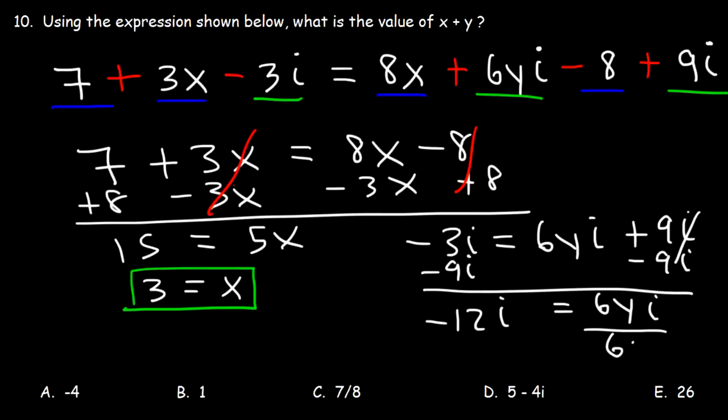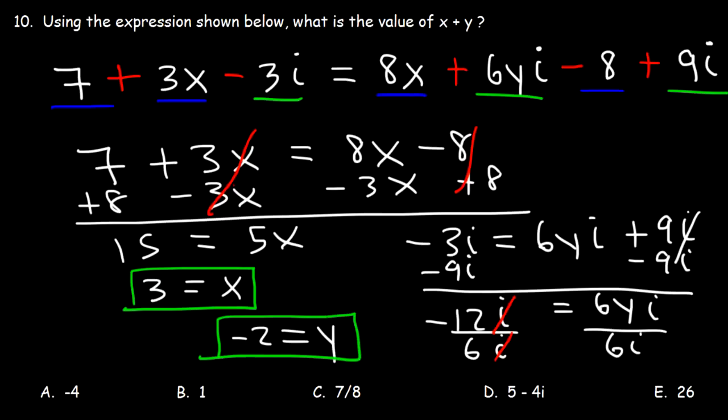Next, let's divide both sides by 6i. i divided by i is 1. Negative 12 divided by 6 is negative 2. So y is equal to negative 2. So now we can find the value of x plus y. x is 3, y is negative 2. 3 plus negative 2 is 1. So the answer is B.